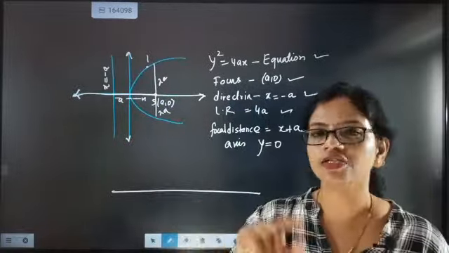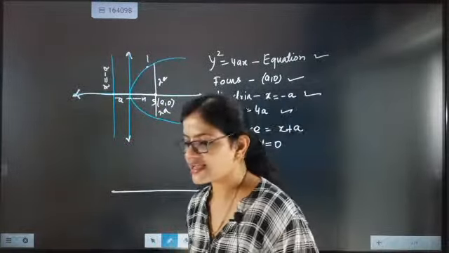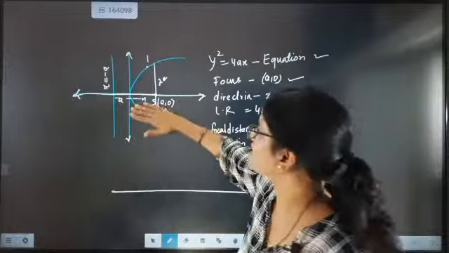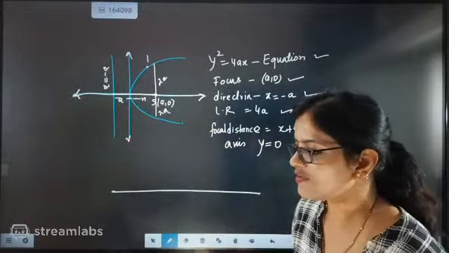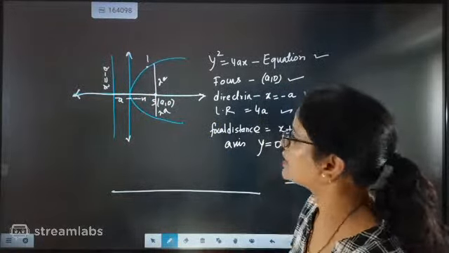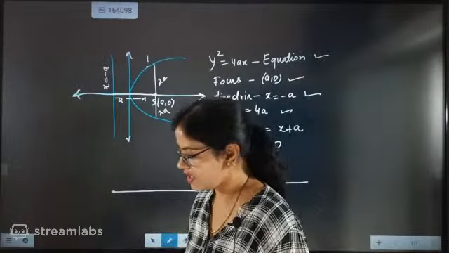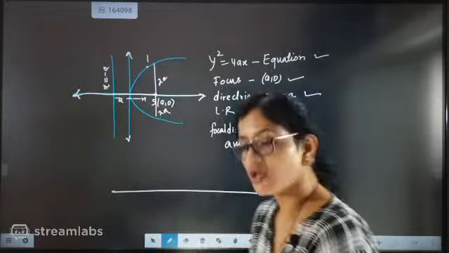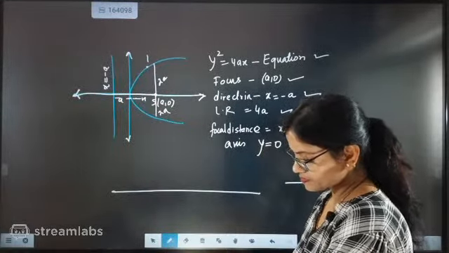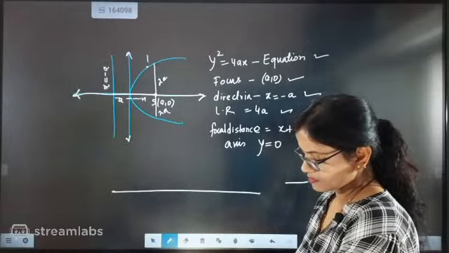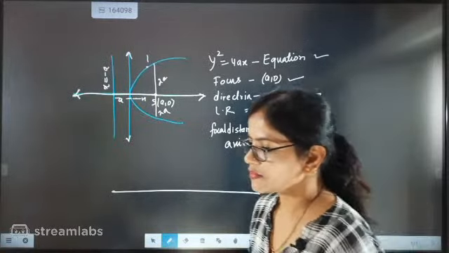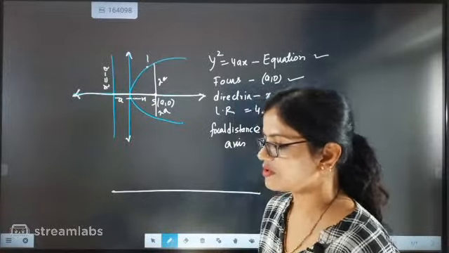X-axis. On the x-axis y will be equal to 0. So I am going to keep it till here. Tomorrow I am going to talk about the remaining one and we will start solving questions. Okay, it's time, beta. Tomorrow I am going to talk about the remaining one.